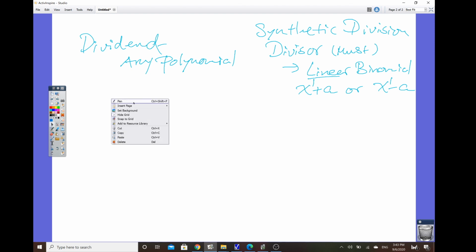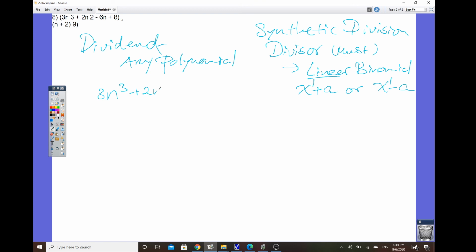Let me go back, copy and paste the same problem that we're doing. For number 8, we have the dividend, which is 3n to the power of 3 plus 2n squared minus 6n plus 8. I'm just rewriting it. And the divisor is n plus 2.